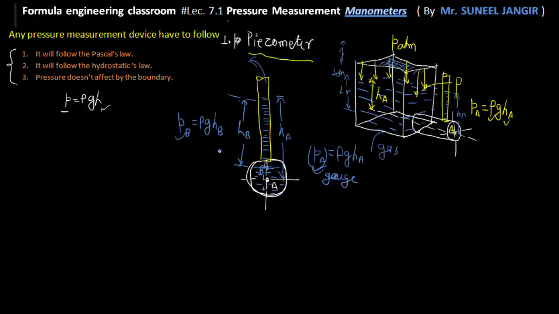Okay. Third problem is that piezometer also can't be used to measure negative gauge pressure. Negative gauge pressure means vacuum pressure. Let's suppose in this tank, as the tank is closed, we maintain some negative gauge pressure, meaning the pressure is below atmosphere.